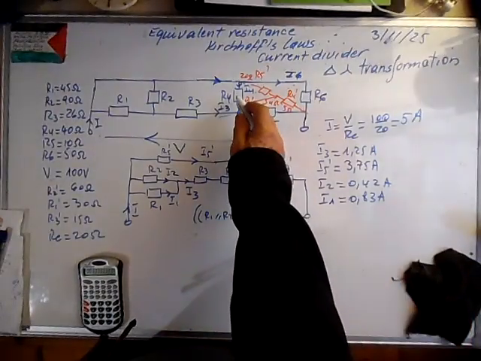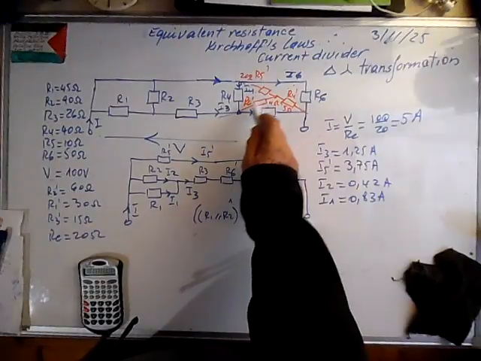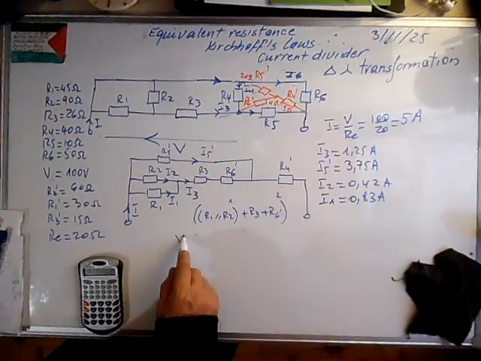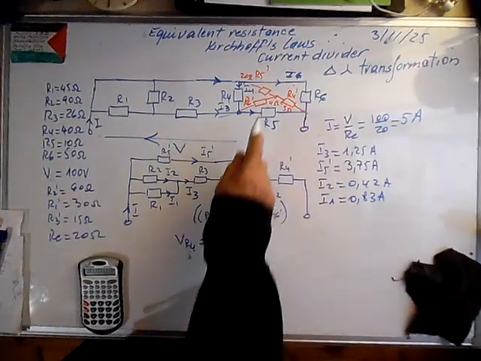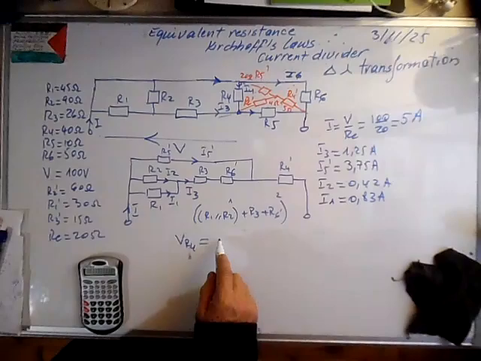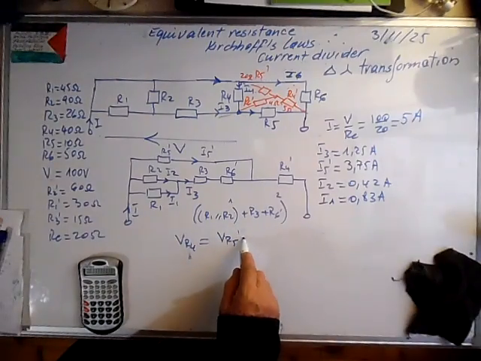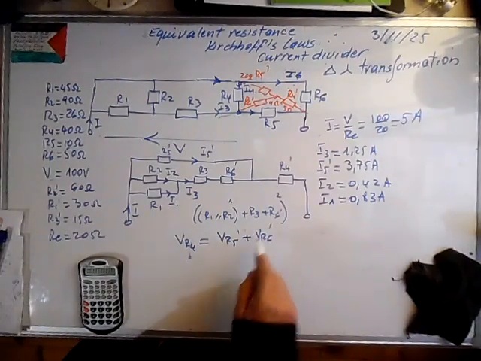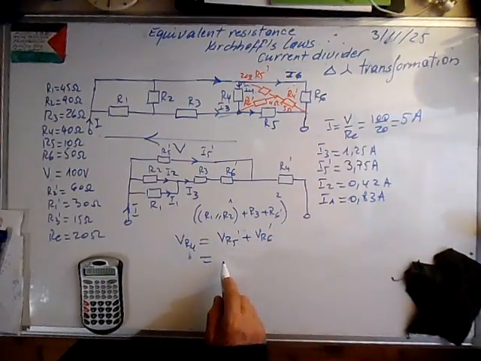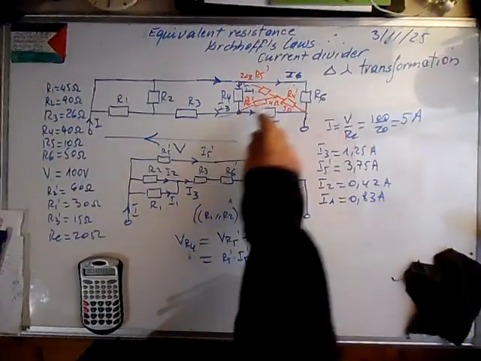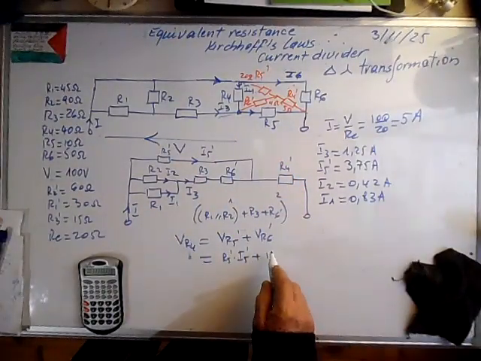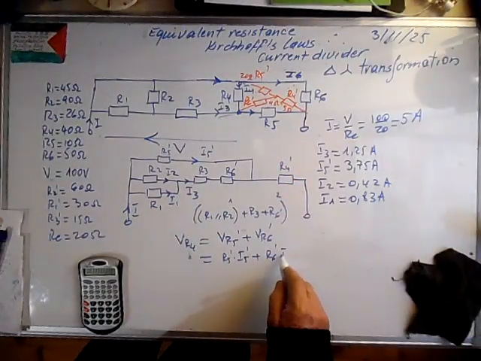We can calculate I4 by knowing the drop in these two resistors. It means the drop in R4 is equal to the sum of these drops: VR5 prime plus VR6 prime. In R5 prime we have this current that flows there, so it means R5 prime times I5 prime, plus the current that flows here is I3, R6 prime times I3.